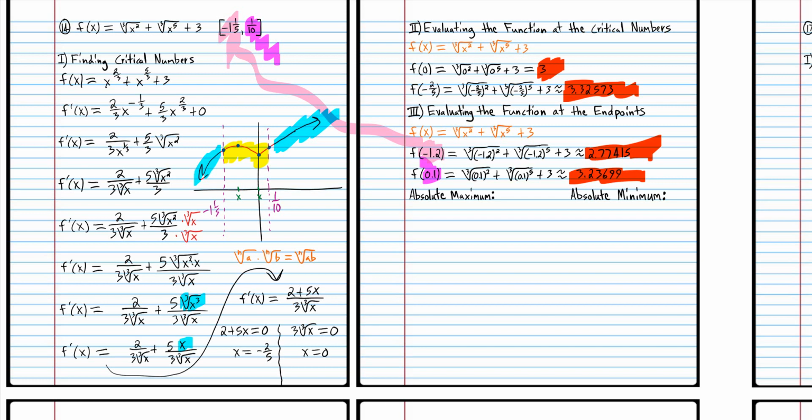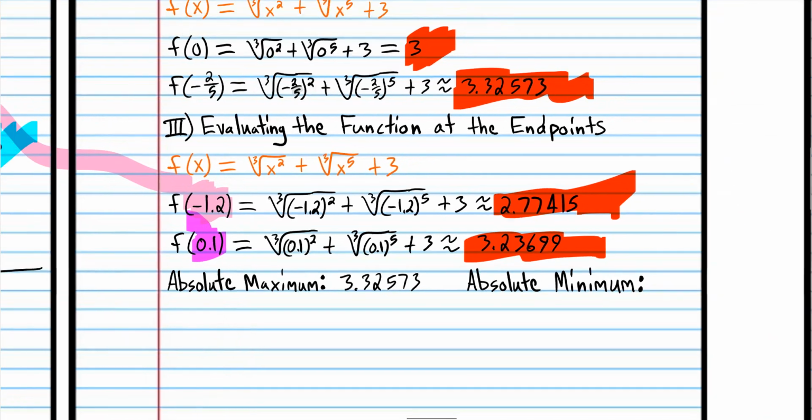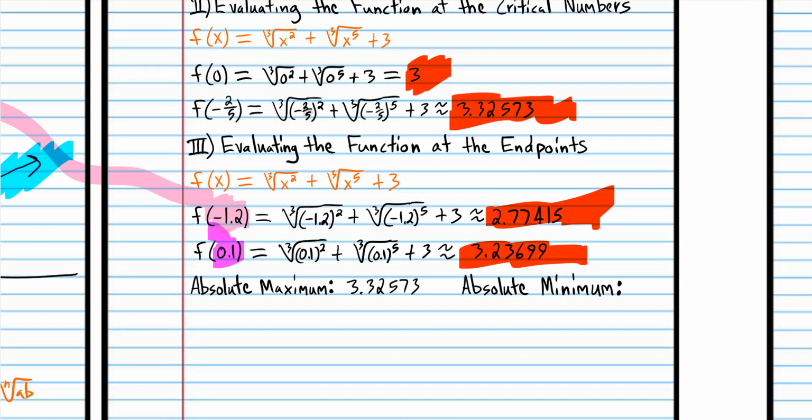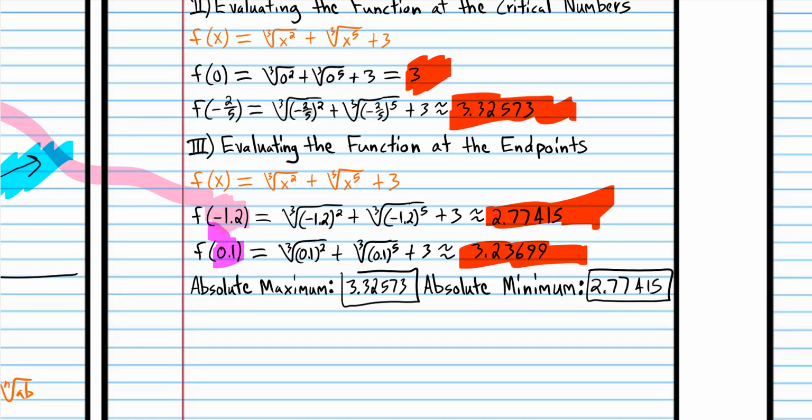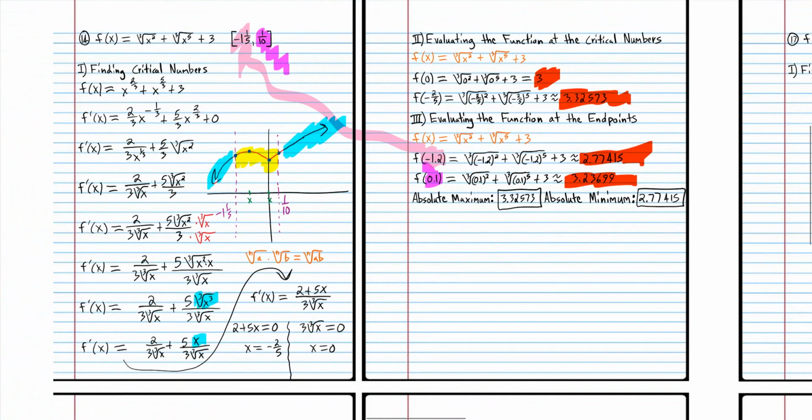The biggest of the red numbers is 3.32573, and the smallest of the red numbers is 2.77415. So we found the absolute maximum value of the function on the interval, and we found the absolute minimum value of the function on the interval. Okay, so that's how this works.